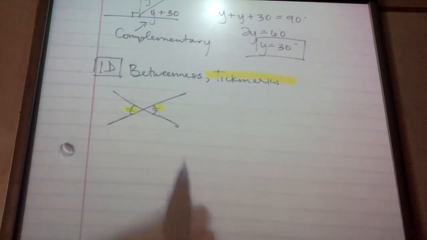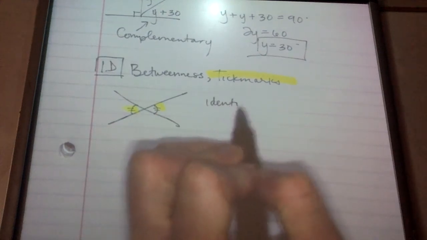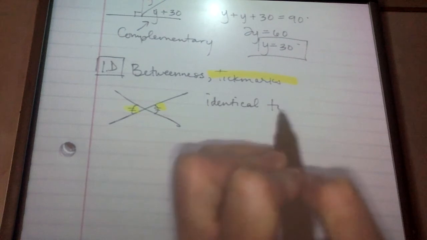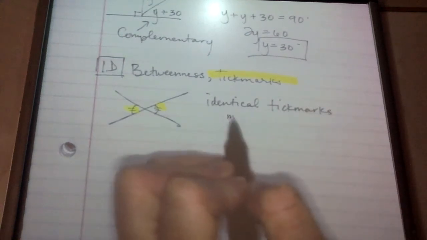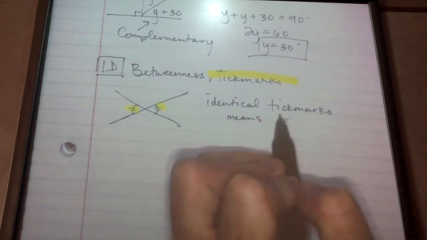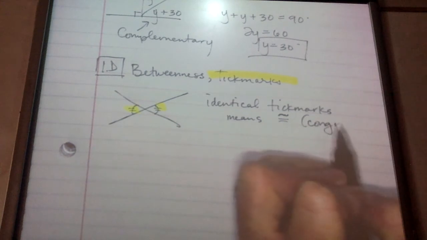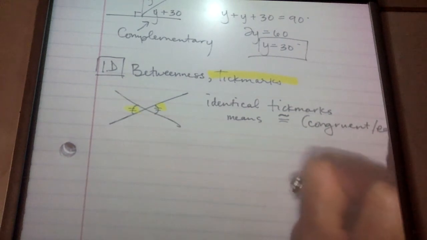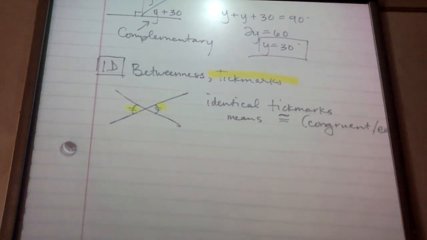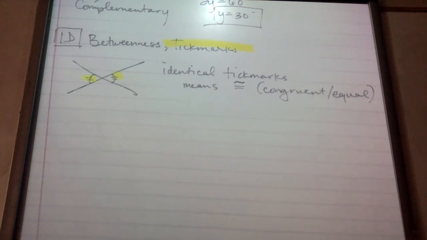And they mean that identical tick marks means that things are congruent. And congruent, they go over, is another word for equal. It's really all that's covered in that section. So tick marks that are the same mean that they are equal.